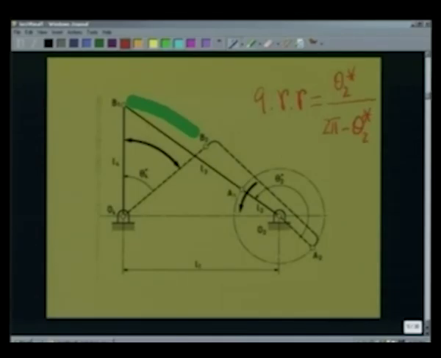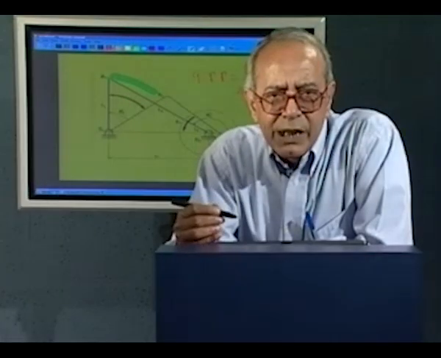Our objective is to determine the relationship between the various link lengths, namely the fixed length L1, the crank length L2, the coupler length L3 and the follower length L4, so that we can determine whether there is any quick return effect or not.